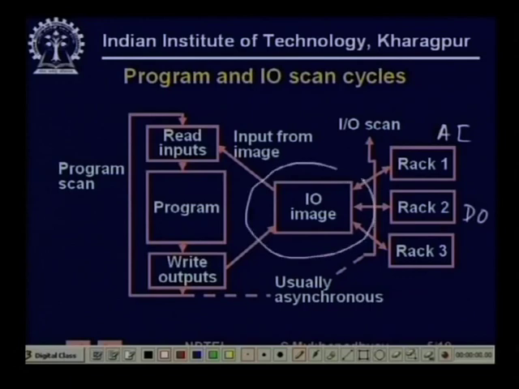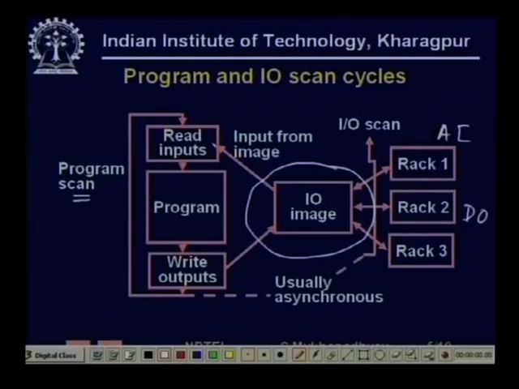This memory can be at the scanner, can be at the cards, at the various places. While the main PLC program scanning actually reads these IO images, from this IO image it actually reads the inputs, and whenever it produces outputs, it also writes to this IO image, and then finally they get transferred to the racks. So, this is how the basic activities go on in a PLC.